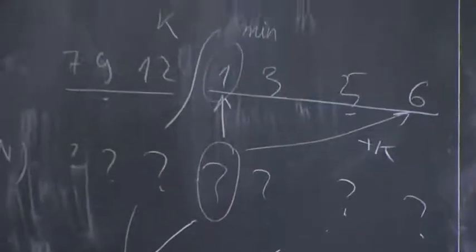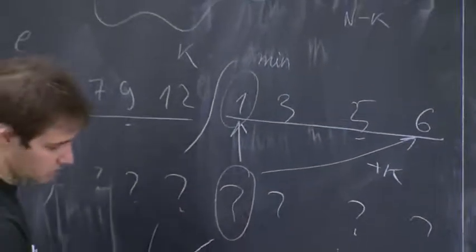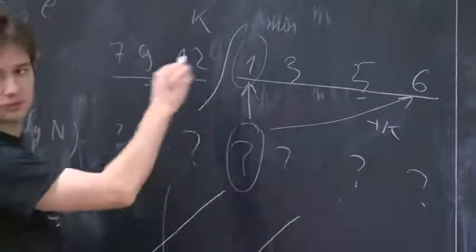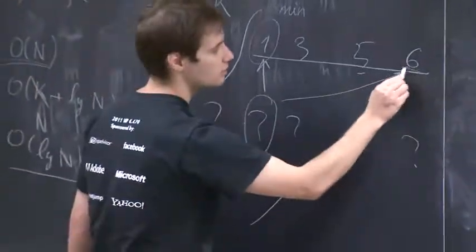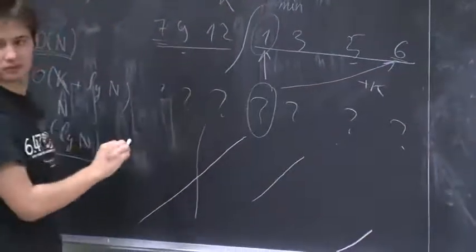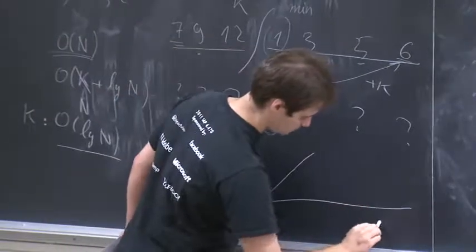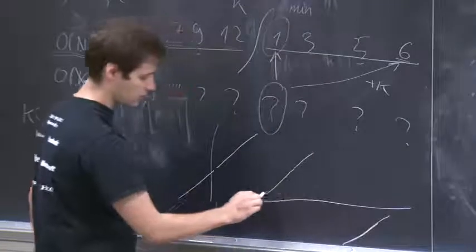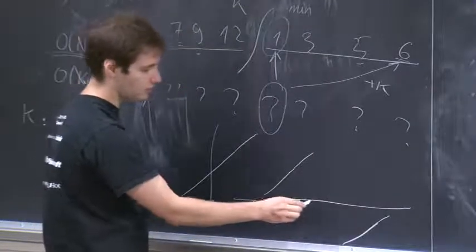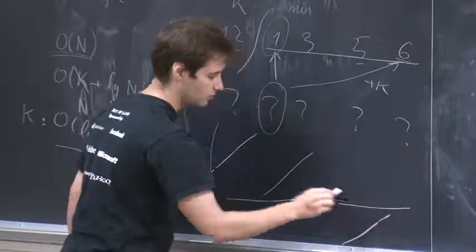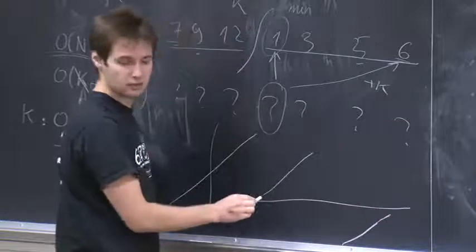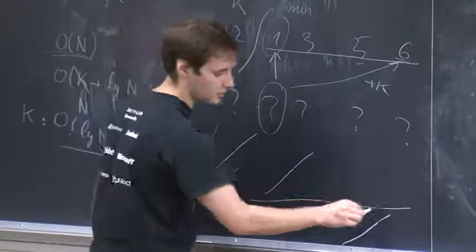The missing part, which I just heard now, is that since the whole array was originally sorted, this guy is smaller than this guy. So if I draw a horizontal line somewhere, this will not cross it. So this whole thing is taller than this.